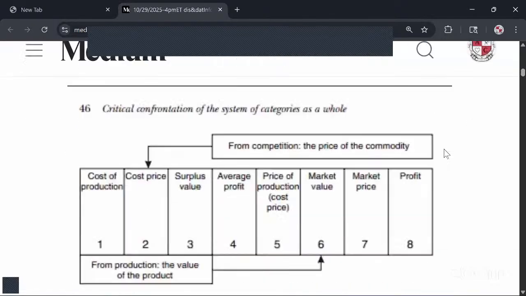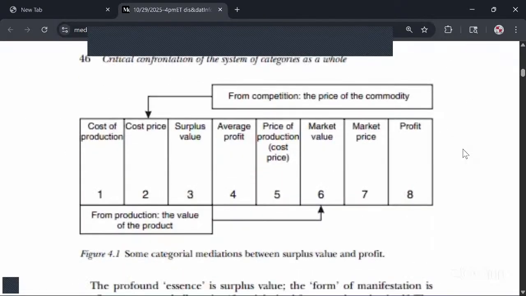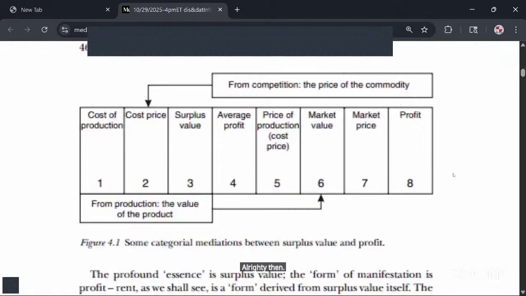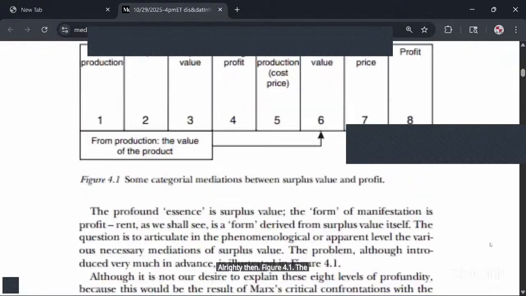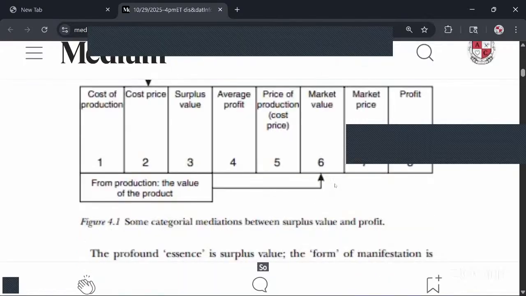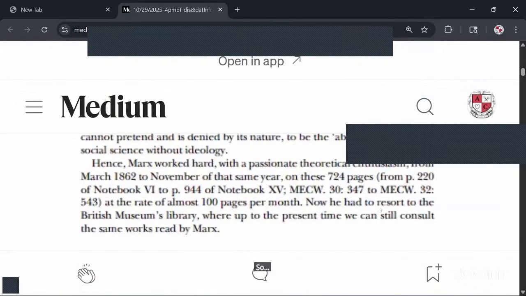All righty then. Figure 4.1, the profound essence referred to just in the last sentence is surplus value. The form of manifestation is profit slash or dash rent. So essence and form.